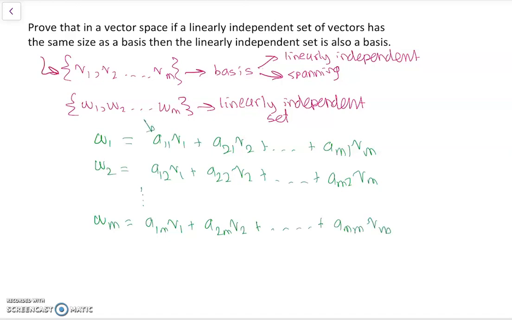So all the a's are the coefficients that form the linear combinations.